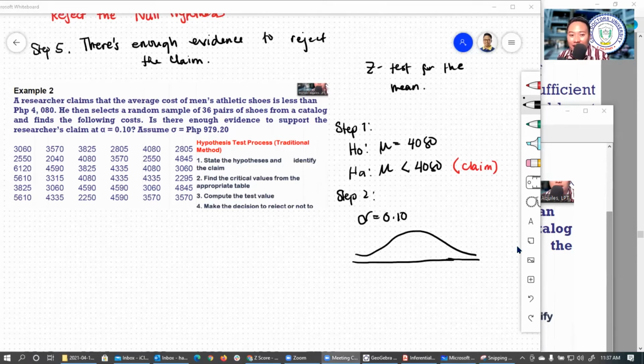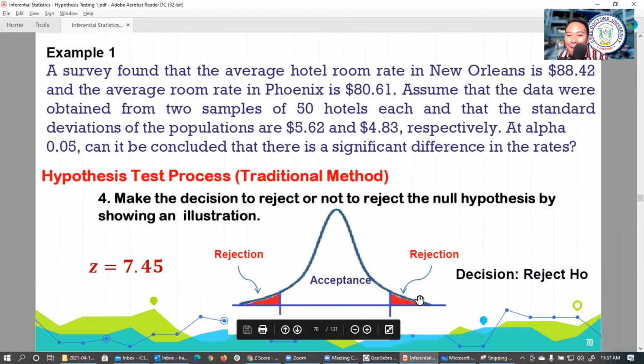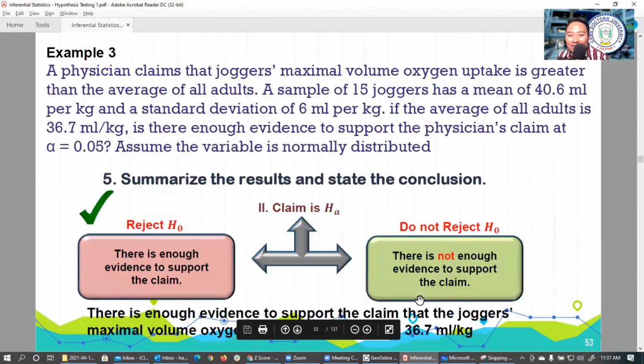Left tail or right tail? The answer is left. Go back to the alternative hypothesis, guys, it's easy to forget.